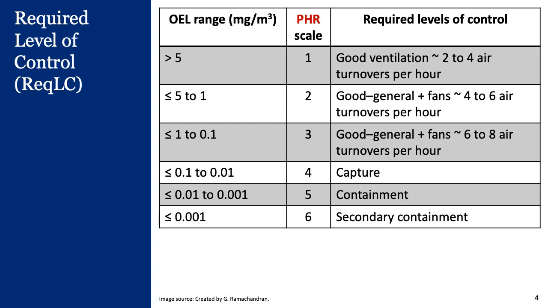If the OEL is between 0.1 to 0.01 milligrams per cubic meter, the required level of control is capture. If the OEL is between 0.01 to 0.001, the required level of control is containment. And finally, if the OEL is less than 0.001 milligrams per cubic meter, so a very highly toxic aerosol, then we need containment and secondary containment of this substance.